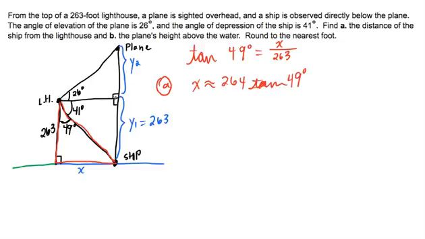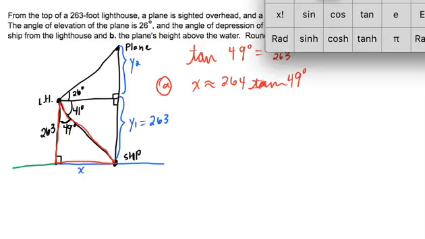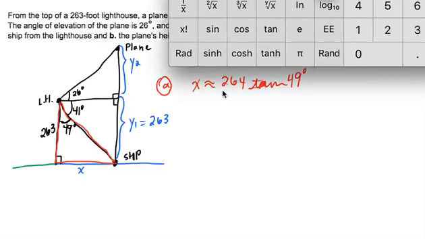Then to find the height from the top of the lighthouse, really this imaginary point out in space here, directly up to the plane, we can use this triangle. And we now know X, so it looks like we're going to need to go ahead and approximate that value of X in order to find part B. So let's do this approximation.